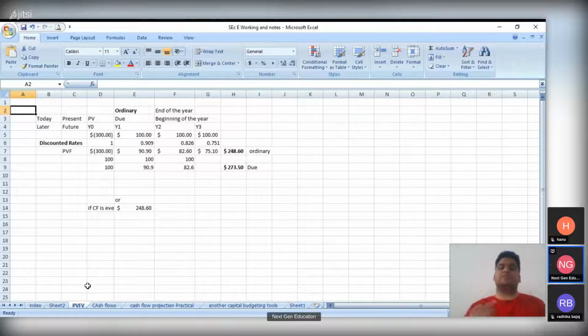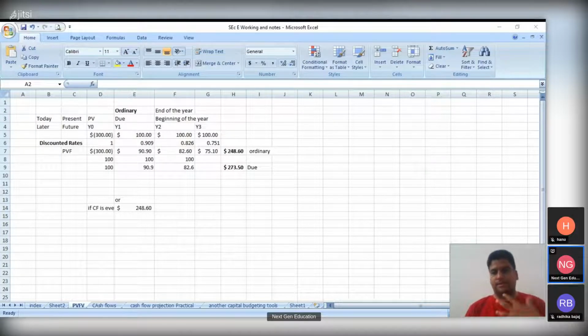This calculation is basically denoted as the time value of money, where we calculate the money we are going to receive in the future with our current position. Clear? So this is basically the area where we will work.